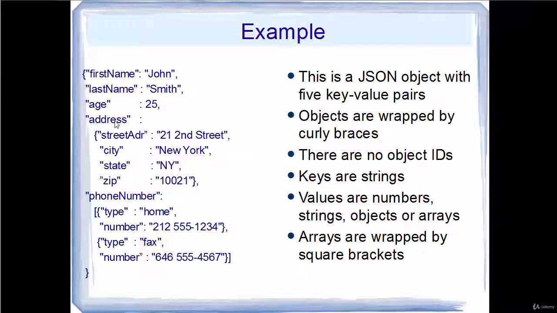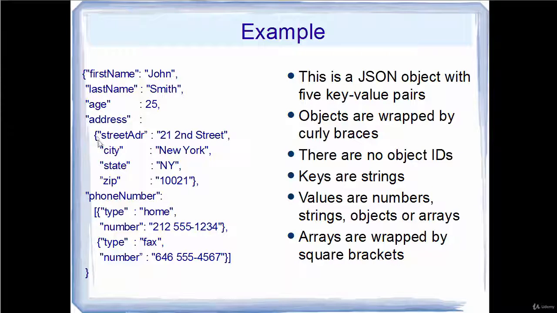Now address can be a little bit complex because the address may contain a street, the city name, the state name, for example, and the zip code, right? So this data you can send in the form of an object. And what is an object? An object is also a combination of key value pairs, and you can see using these curly brackets you can define key value pairs, and because it's in these curly brackets it becomes an object of address, right?